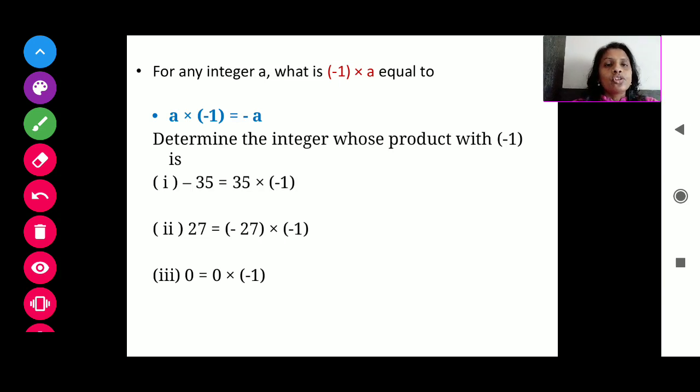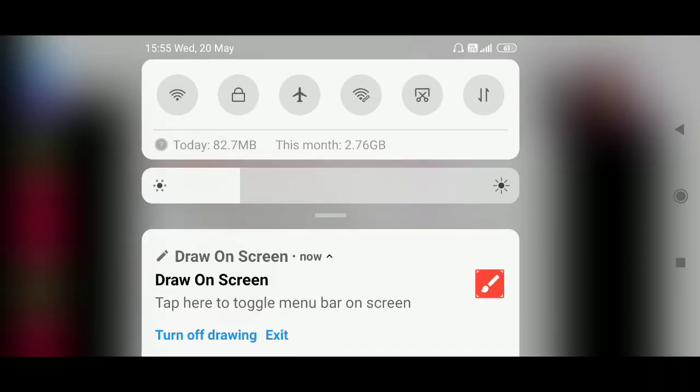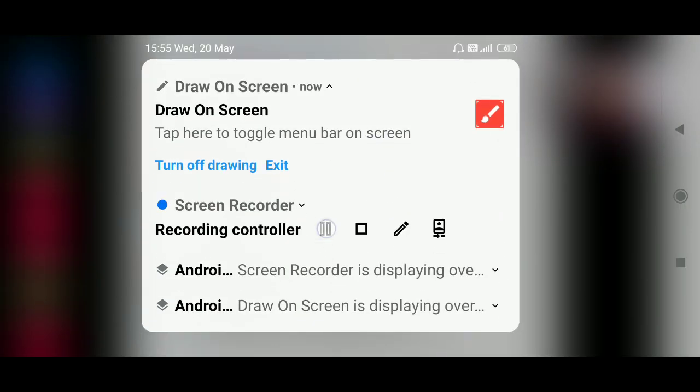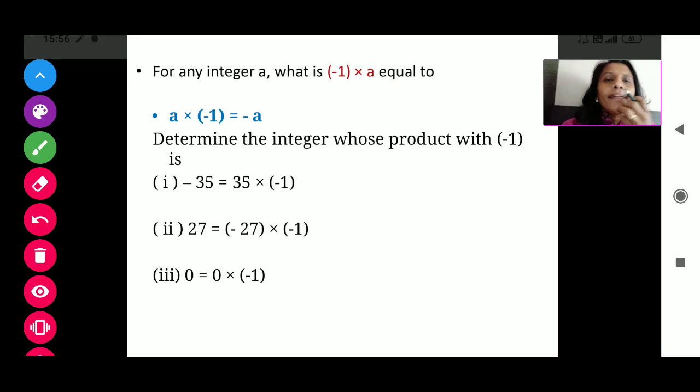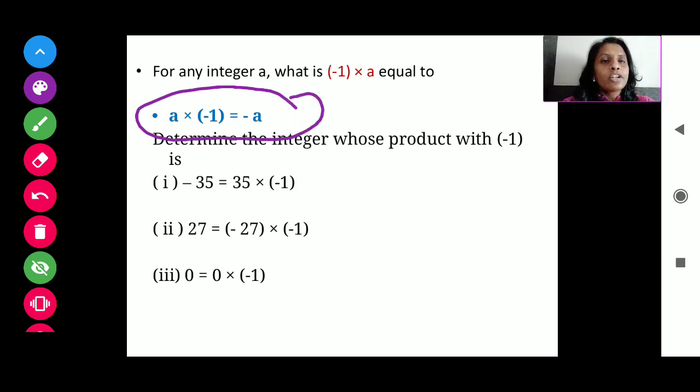So for any integer a, a into -1 is equal to -a. I have told you in the previous slide. So here you have to find out -35. The answer is given as -35. So you have to find out.